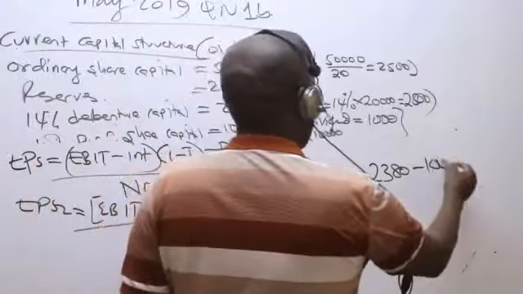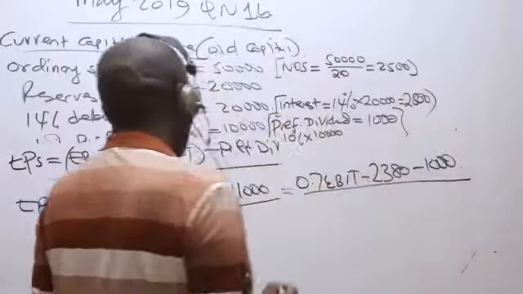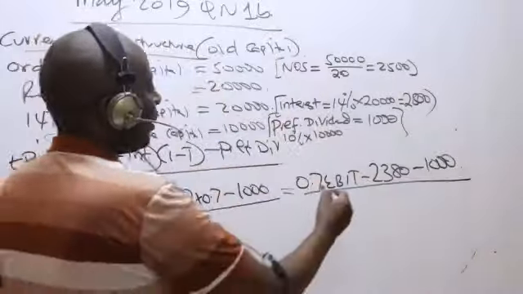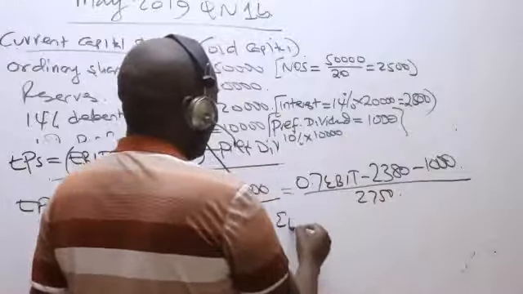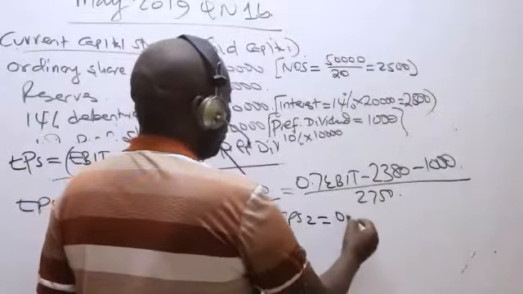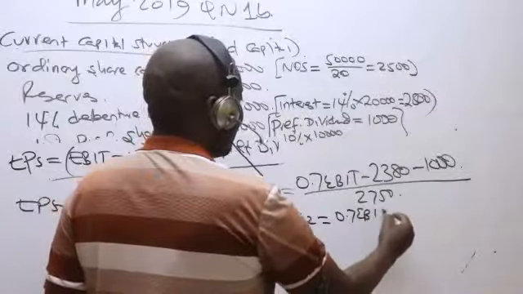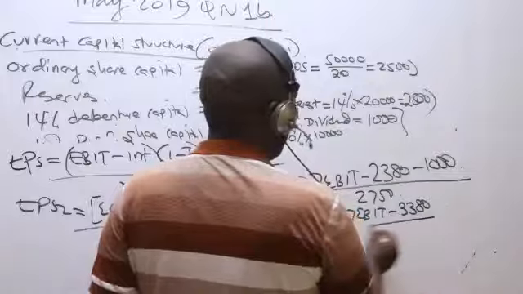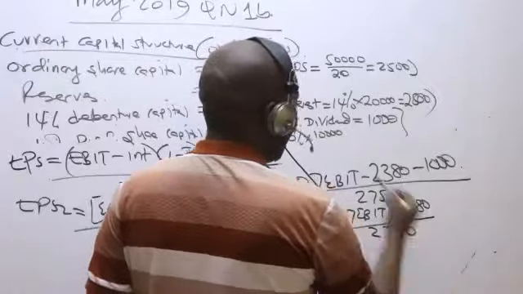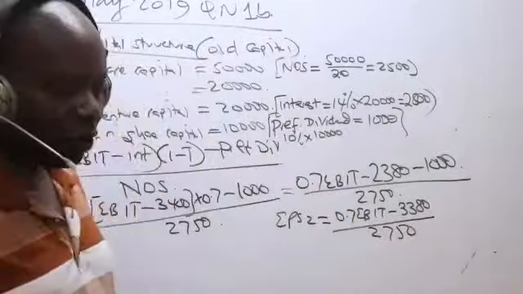Minus 1,000, all over 2,750. So our EPS2 will be 0.7 EBIT minus 3,380 all over 2,750.